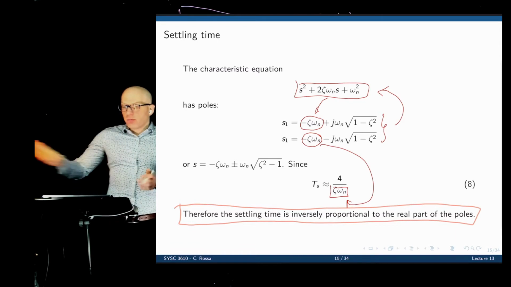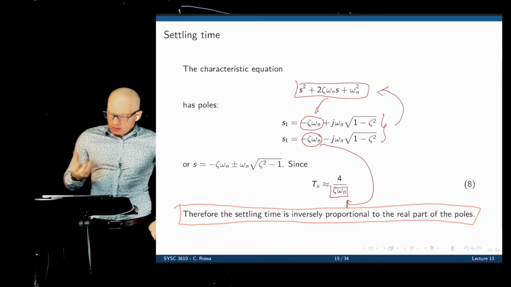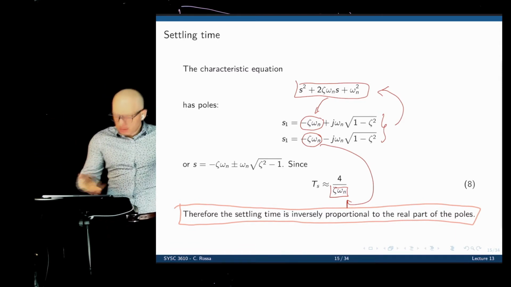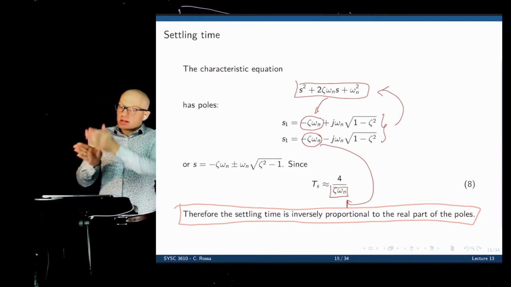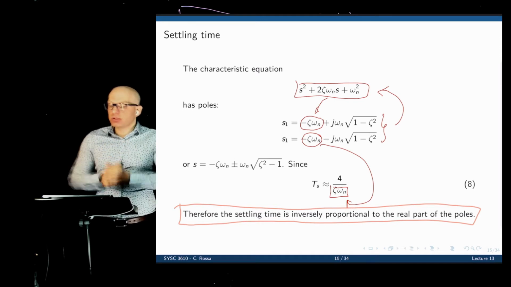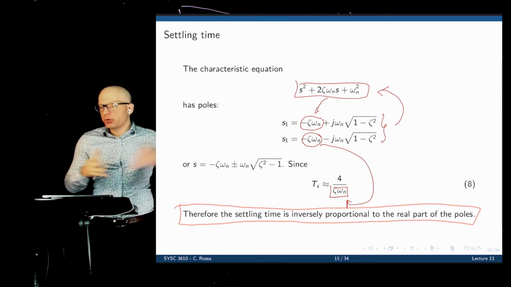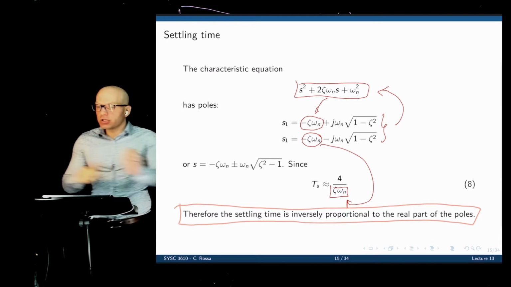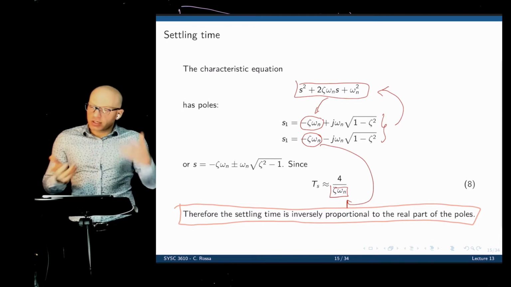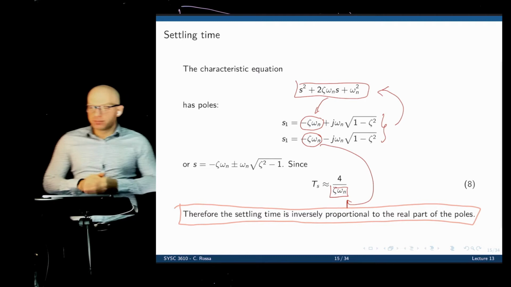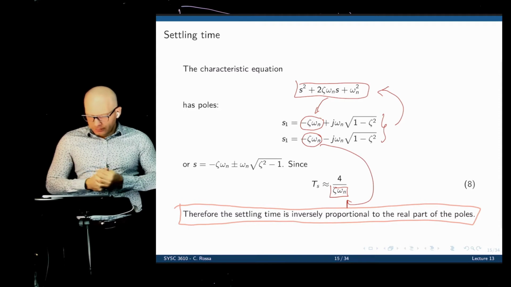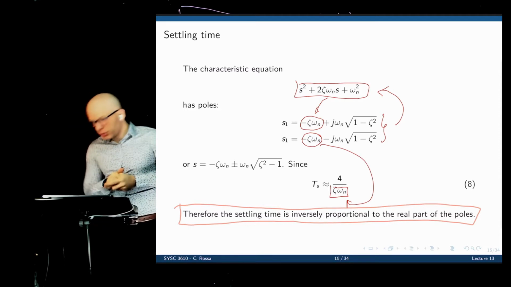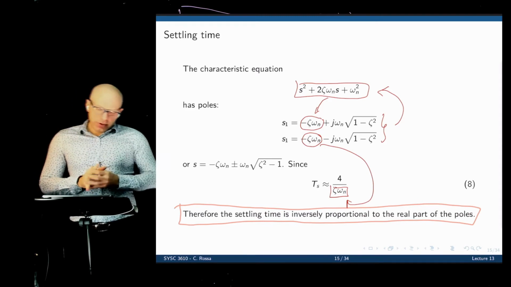The more to the left they are, zeta omega n increases, which means that the settling time decreases based on equation 8. So those poles that have real parts very close to the imaginary axis will take longer to reach the steady state. And those that are far away will have a very small transient that vanishes very fast. Okay. Very interesting question for a hypothetical midterm.